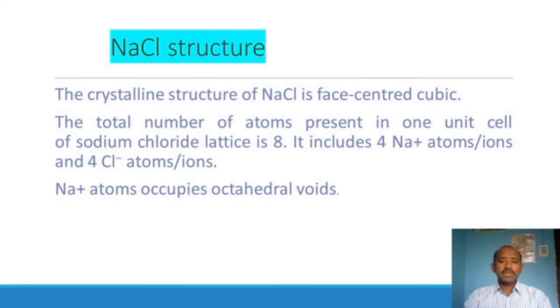Here, the crystalline structure of sodium chloride is a face-centered cubic. So first we have to find out the total number of atoms present in 1 unit cell of a sodium chloride lattice. That is found to be 8. This includes the 4 sodium atoms and 4 chlorine atoms or ions.